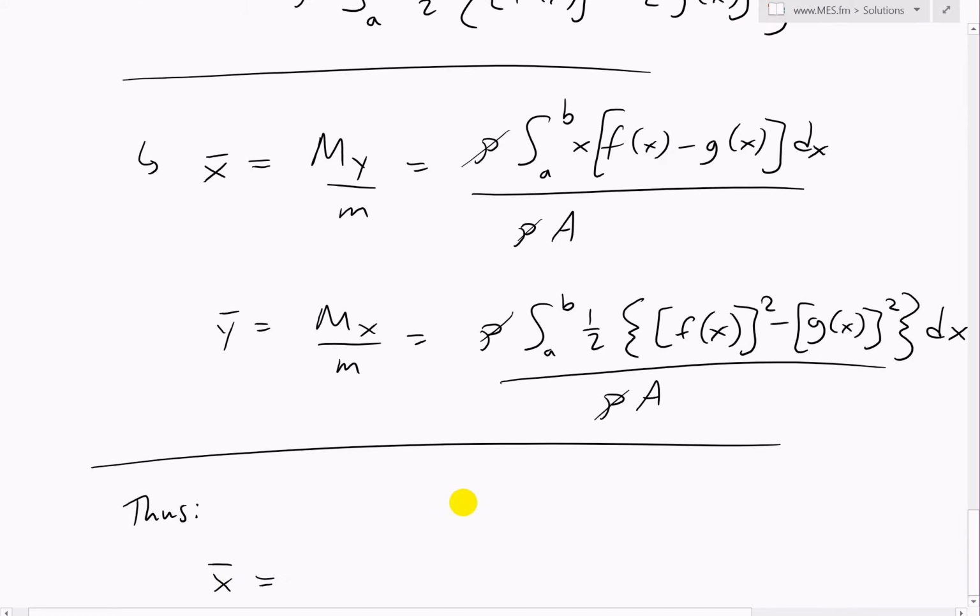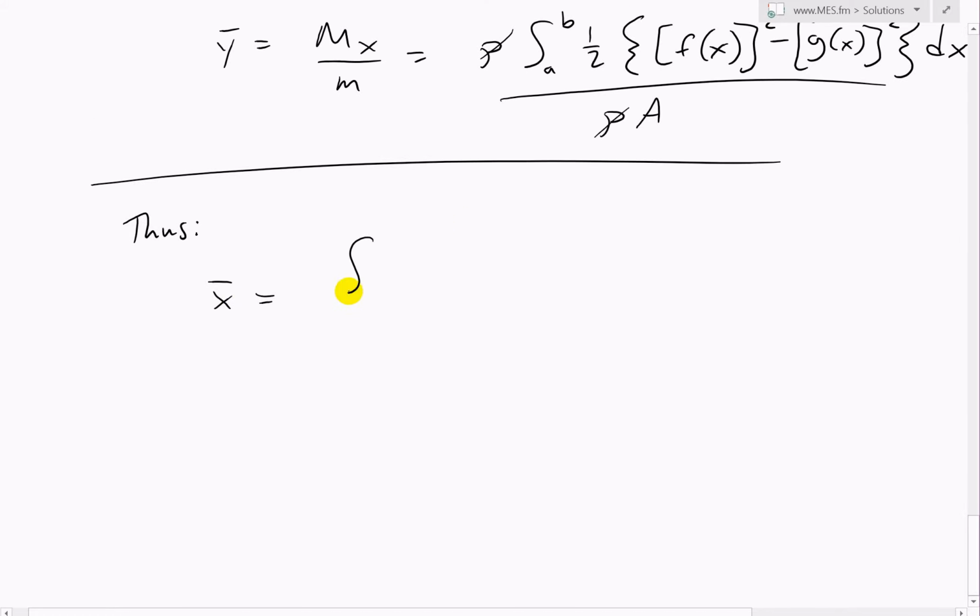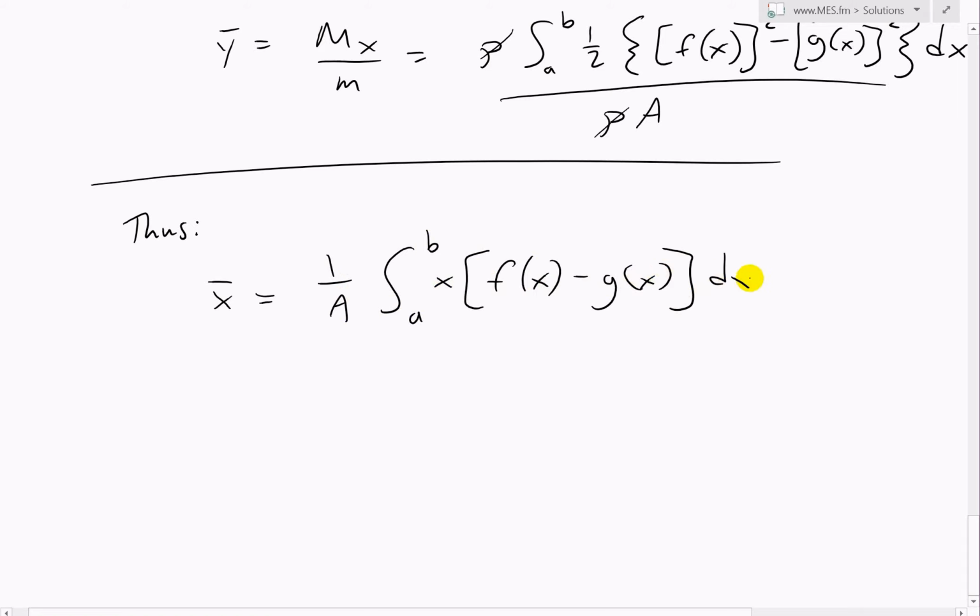So thus we have our final formulas. The center of mass in the x direction is equal to 1 over A times the integral, and the densities cancel, so it's not dependent on density, of x times f of x minus g of x dx.